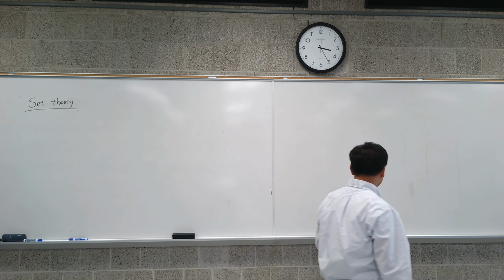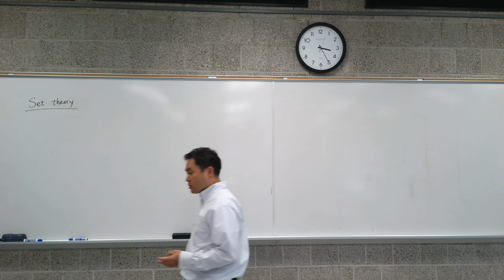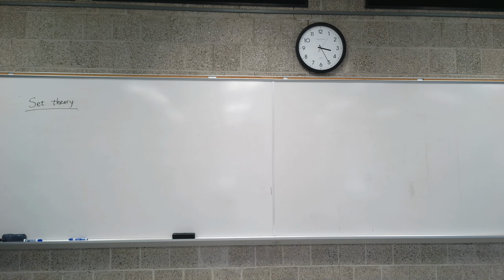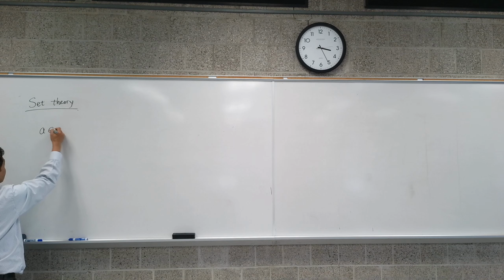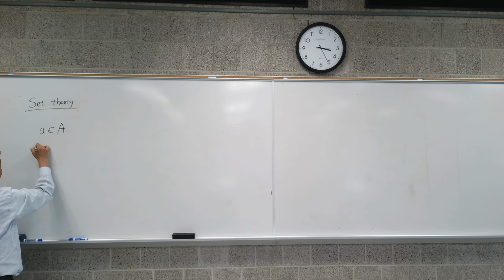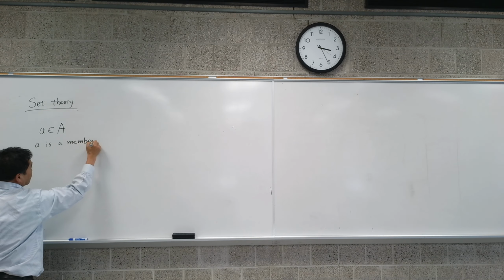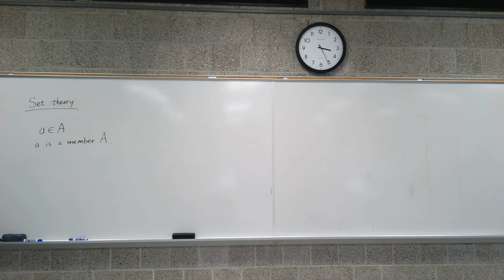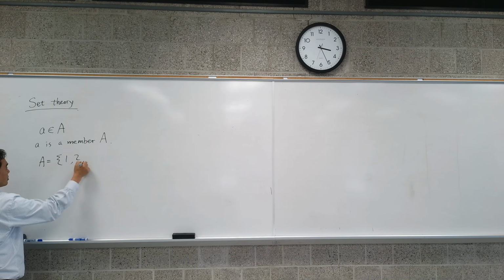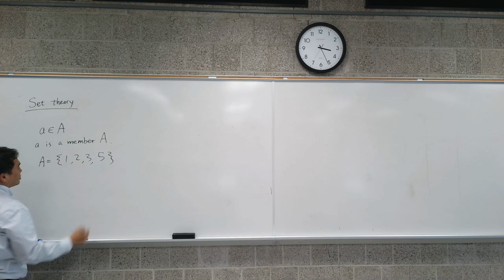Okay, we did cover a bit of set theory in the first class, but now we will do some more advanced stuff. As I said, a in A means a is a member of the set A, right? I also explained that there are two ways to describe a set. One is to explicitly list all the elements.